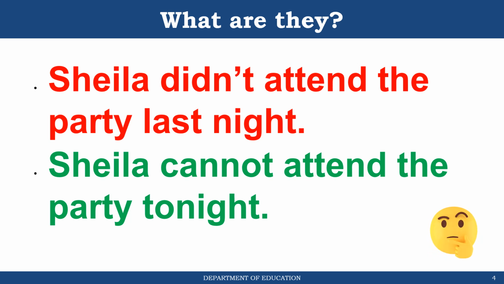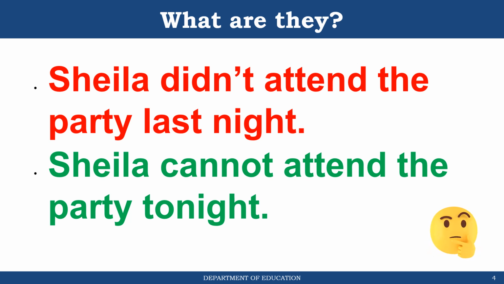Correct. Sentence 1 states a fact that Sheila did not attend the party last night. How about number 2? You're a fast learner. Sentence 2 expresses prohibition that Sheila cannot attend the party tonight.